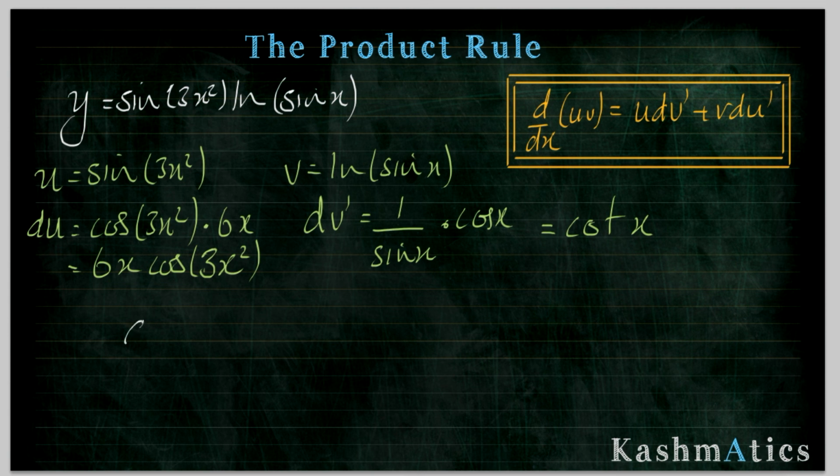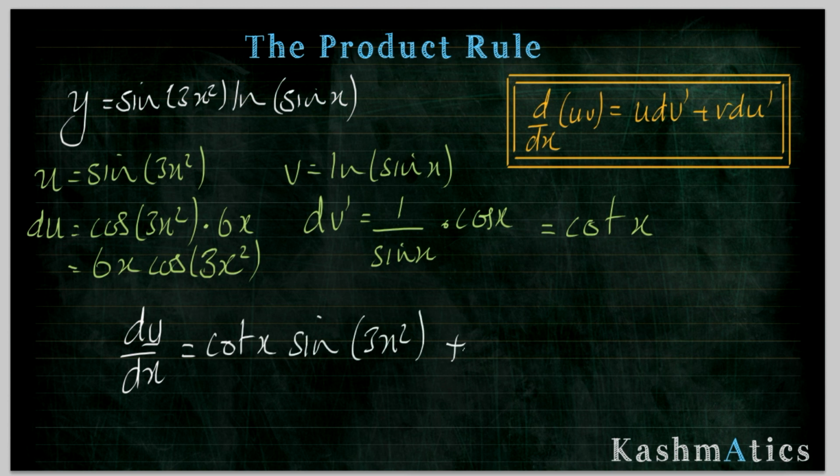Right, so let's just put it all together. So dy by dx equals u dv, so cot x multiplied by sine 3x squared, plus v du, so ln sine x multiplied by 6x cos 3x squared.